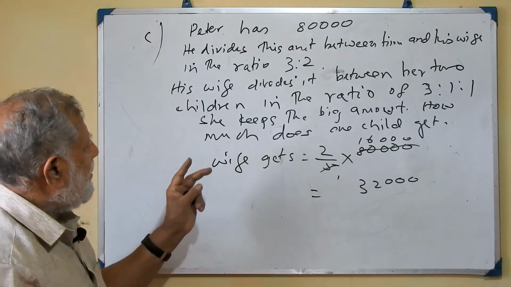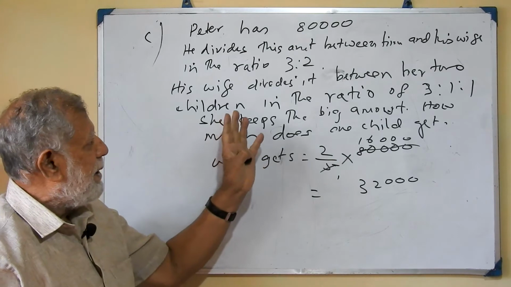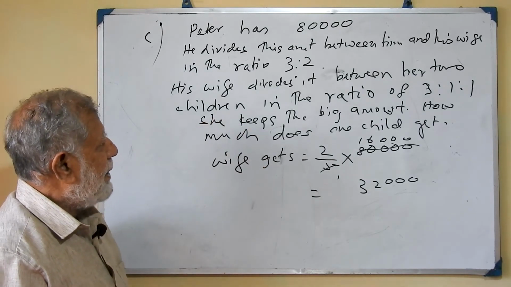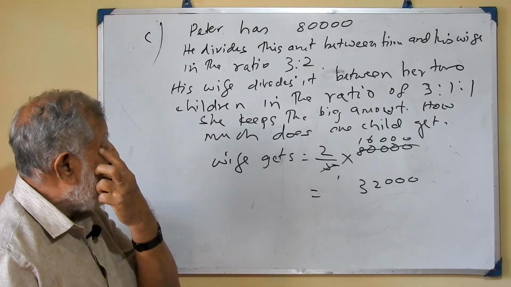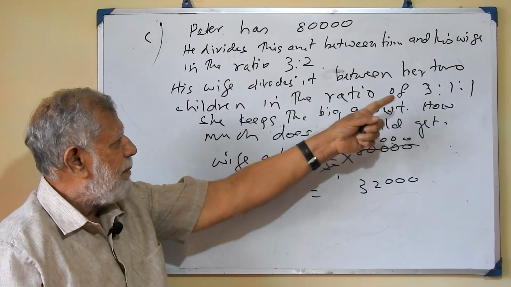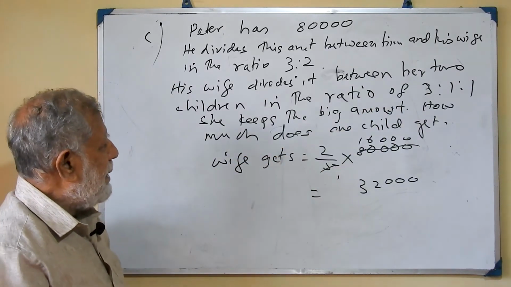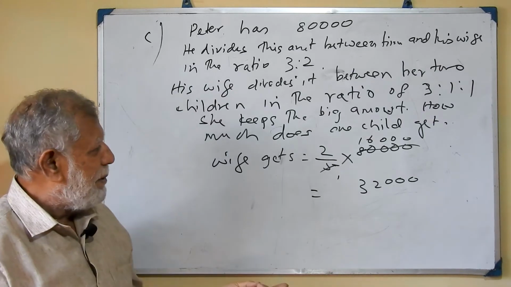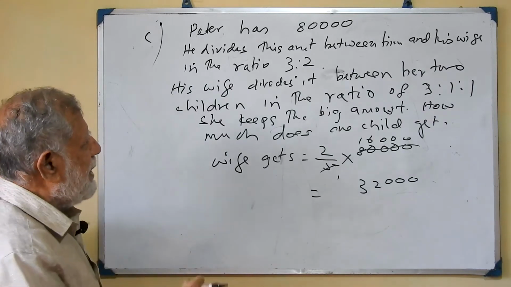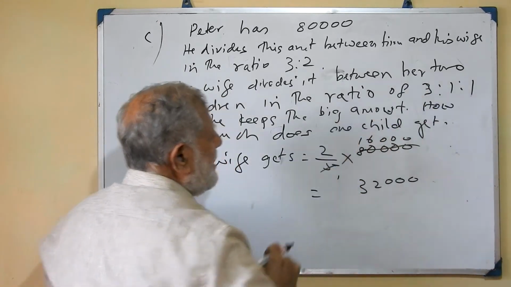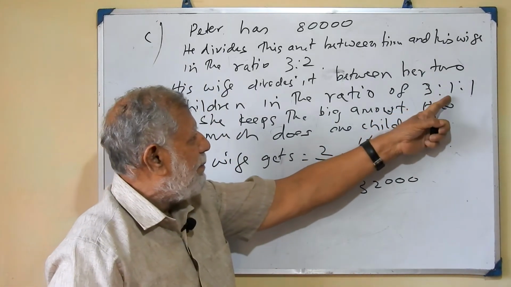Now the wife divides this between her 2 children in the ratio of 3:1:1. So she is getting the 3 parts, the highest part, and the children get 1 part and 1 part. And the question is asking only how much one child gets. So directly we go for one child. One child will be getting 1 out of 5 parts. Altogether there are 5 parts: 3, and 4, and 5.